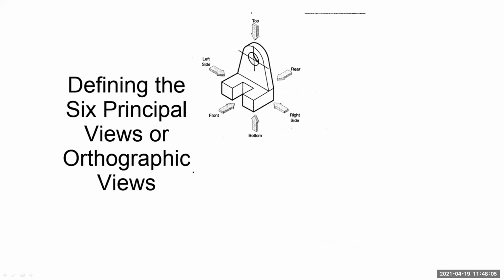If the observer is looking from this side, what will be the front view? Can anyone just draw it and show it to me? What will be the shape you will get for the front view? You can draw it on a piece of paper or in your notebook, and you can WhatsApp me.